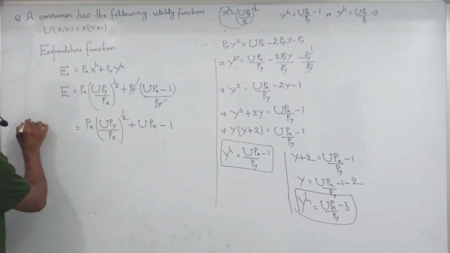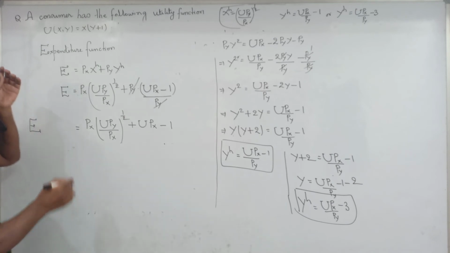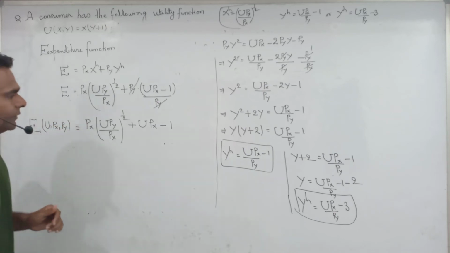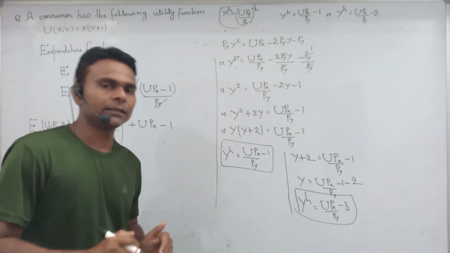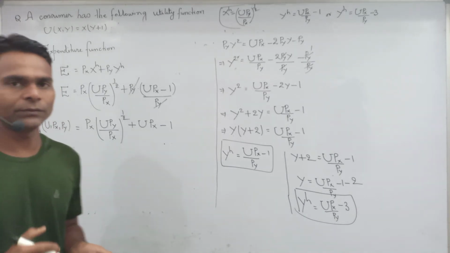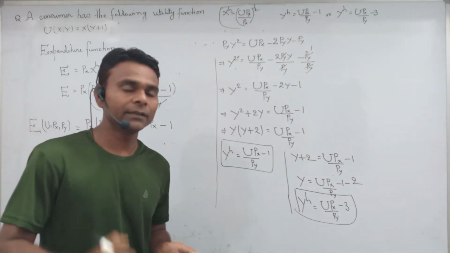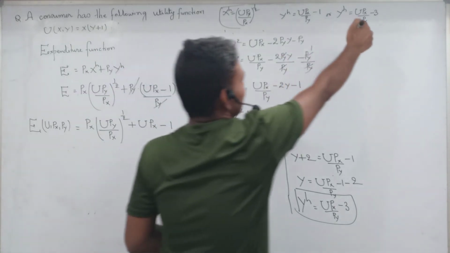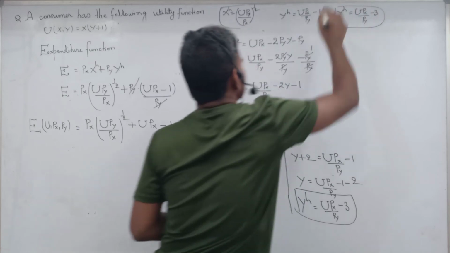This is the expenditure function, which is a function of utility, price of x, and price of y. Similarly, we can get another expenditure function by substituting the other Hicksian demand function for commodity y, this value.